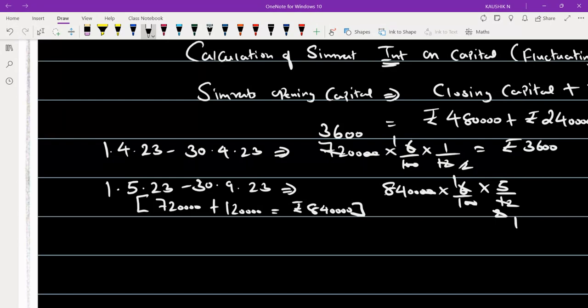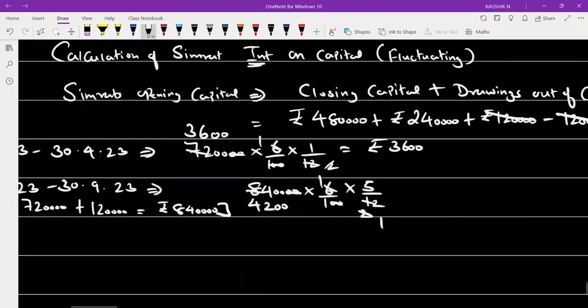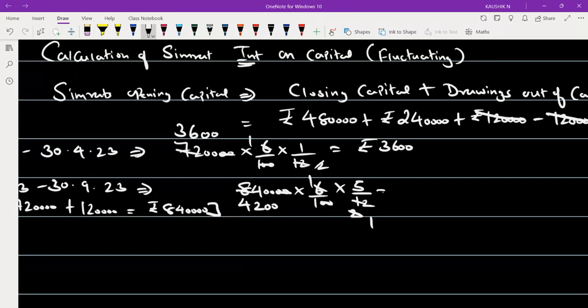Two ones are, two fours are, double zero. Now 4,200 into 5, what value comes? 500, 500, 5 2s are 10, 1, 20, 21. 21,000 comes?